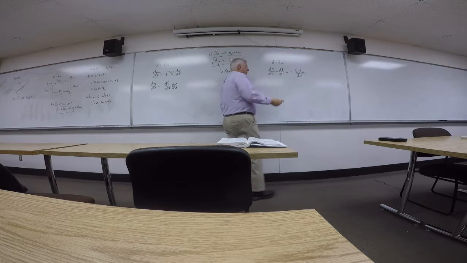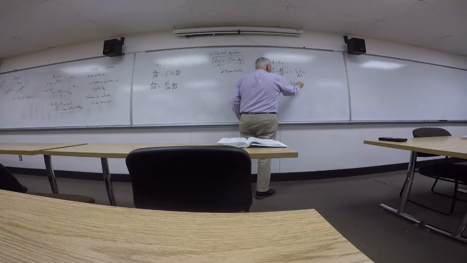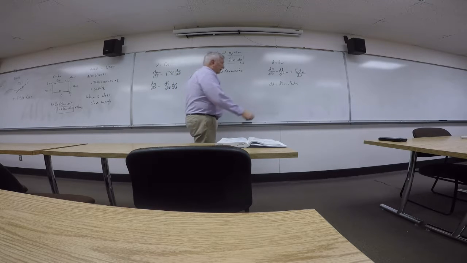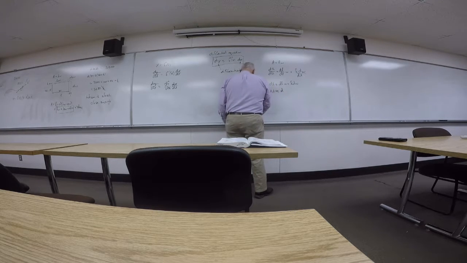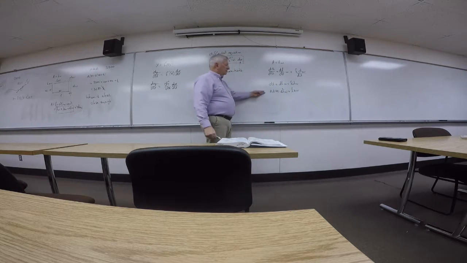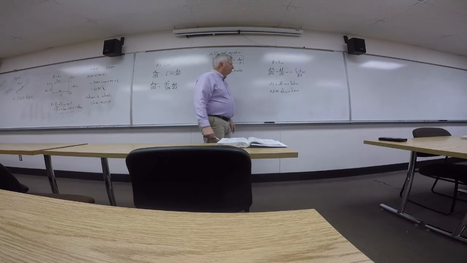Again, multiply through by dt. dA equals dL W plus L dW. That means the change in area is approximately equal to the change in L times W plus L times the change in W. Now this is an approximation. It was a linear approximation.